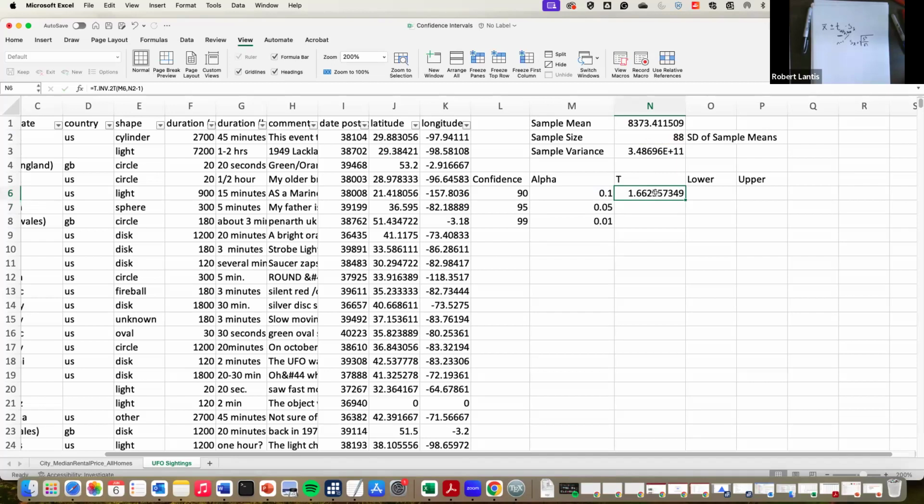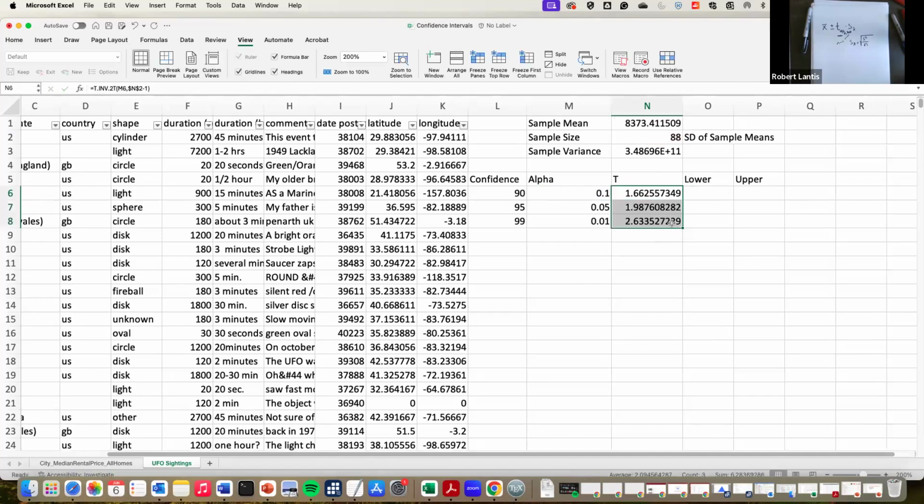Now, if I copy this down, the only thing I want to change is my alpha value. So I'm going to freeze it, Command T on a Mac, F4 on a PC, hit enter, copy this down.